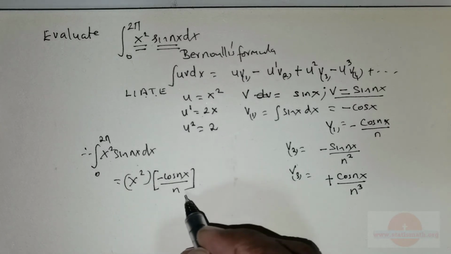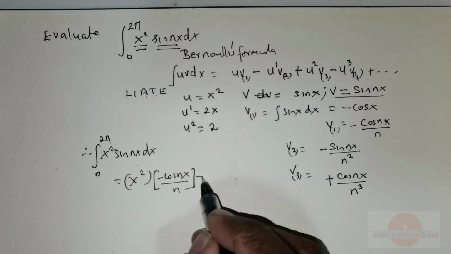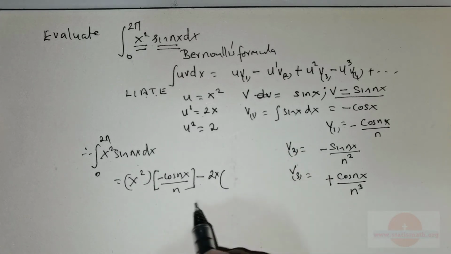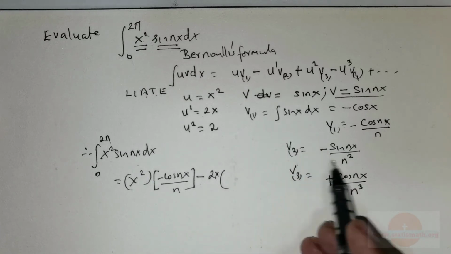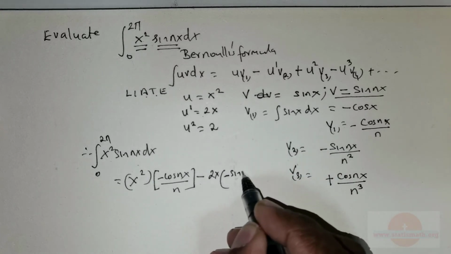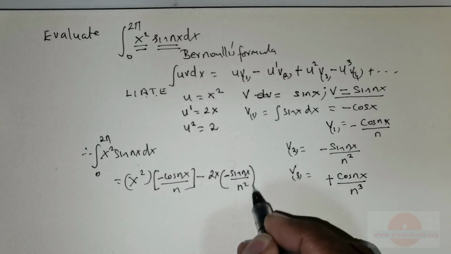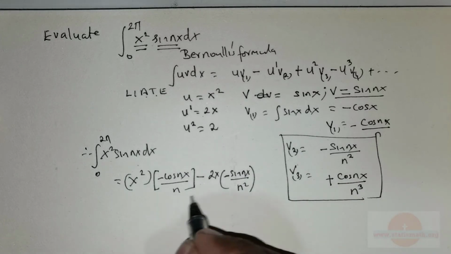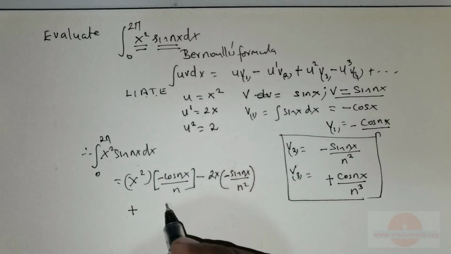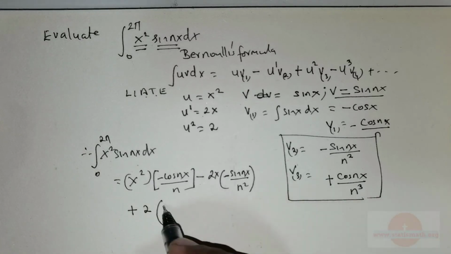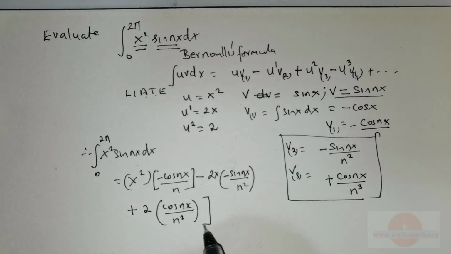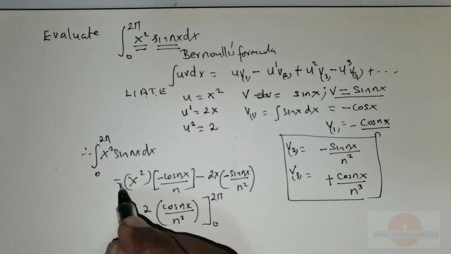The limits are 0 to 2 pi, but I won't place them now, followed by a negative sign. u1 is going to be 2x multiplied with v2, which is going to be negative sine nx divided by n squared. Followed by a positive sign, u2 is going to be 2 times v3, which is cos nx divided by n cubed, and that has to be evaluated from 0 to 2 pi.